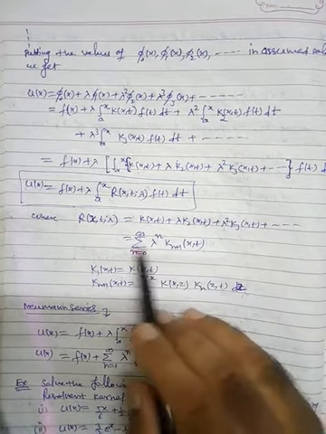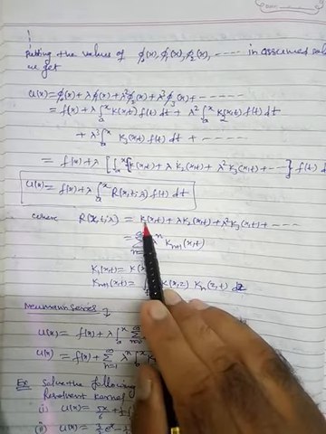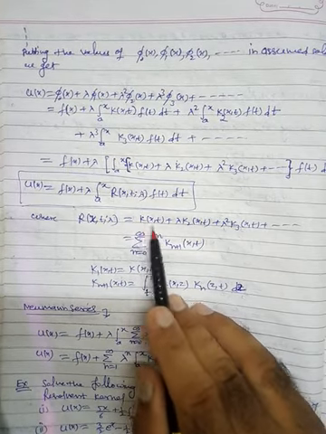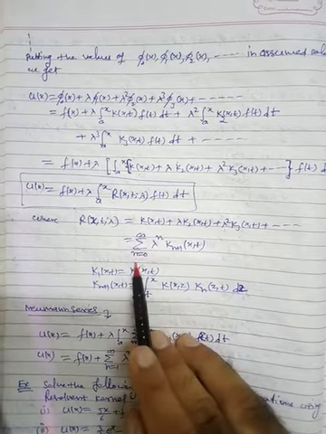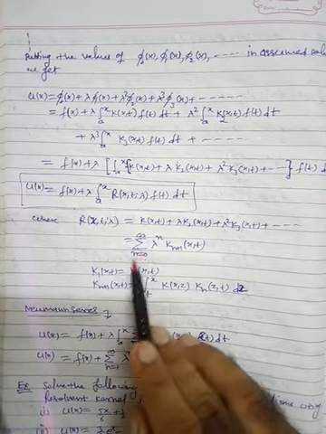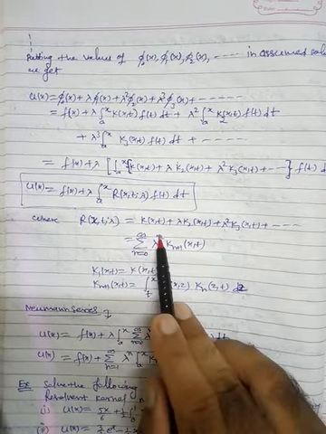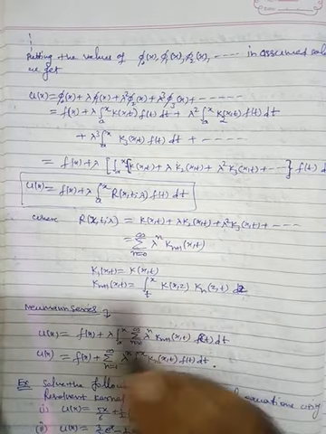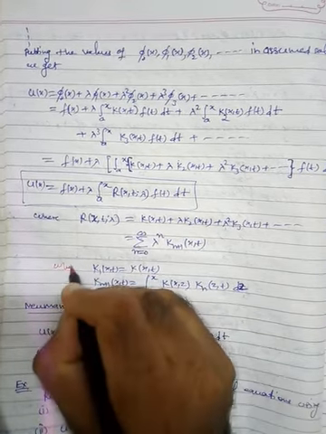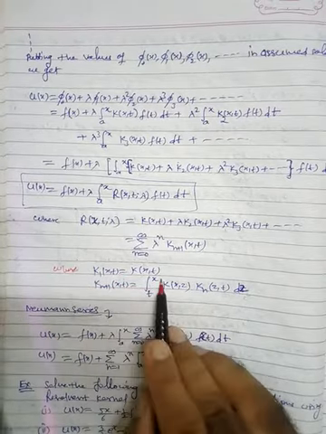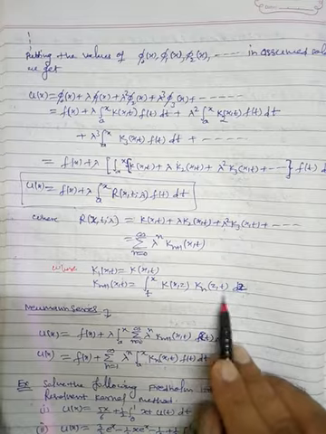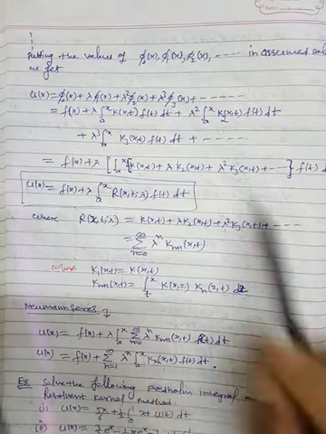In summation form, this is summation n from 0 to infinity lambda raised to the power n k(n+1)(x,t), where k1(x,t) is k(x,t) and k(n+1)(x,t) is the integral from t to x of k(x,z) kn(z,t) dz. So this is the solution.